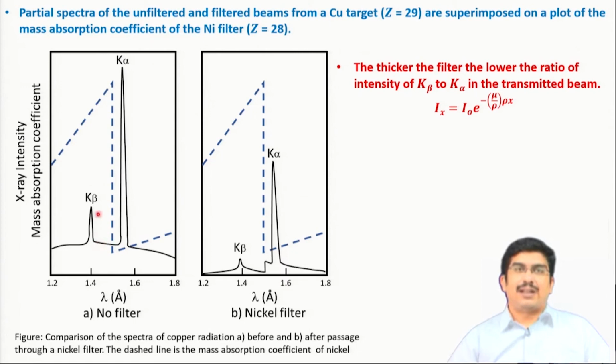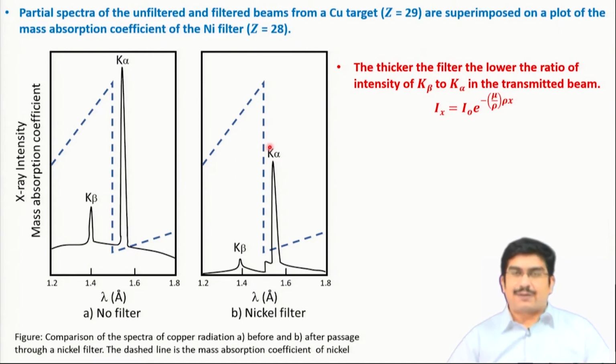Considerable intensity is there for K beta. Now, once I use this filter material, the K beta characteristic radiation is almost gone. I am not getting much K beta here. This shows the effectiveness of such filtering material, and it takes advantage of X-ray absorption.